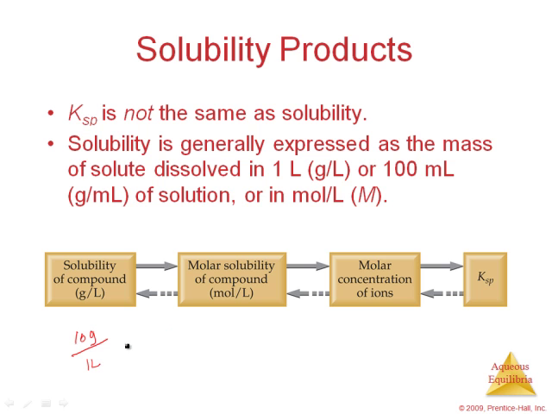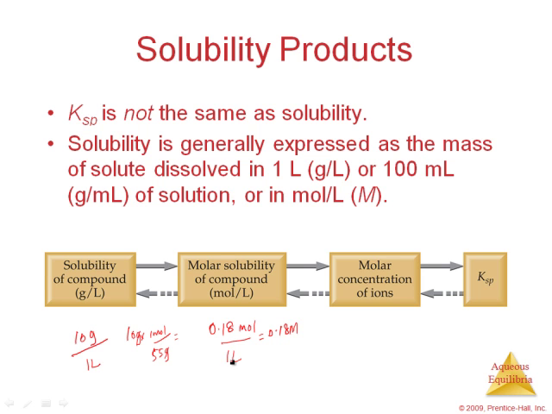So 10 grams multiplied by 1 mole per 55 grams. How many moles do we have? 10 divided by 55 is 0.18. That is the number of moles, and I still have 1 liter of solution, or in other words, I have a 0.18 molar NaCl solution, right? Moles per liter is molarity.